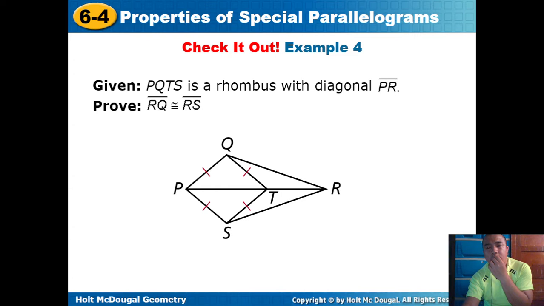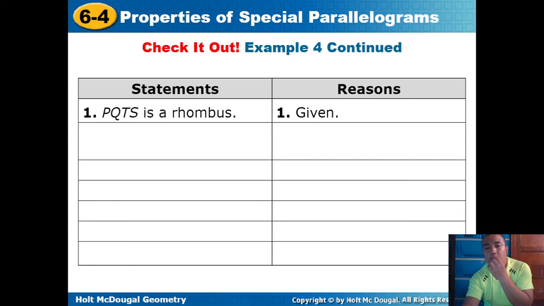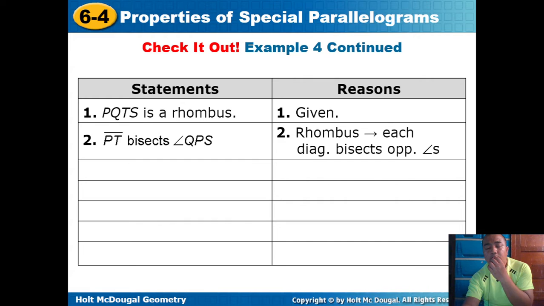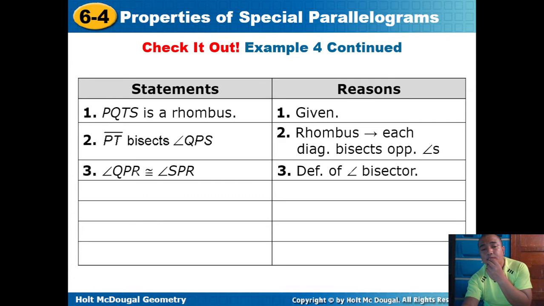PQST is a rhombus with diagonal PR. Prove that RQ is congruent to RS. So, for number 1 statement, PQST is a rhombus, given. PR bisects angle QPS. In a rhombus, each diagonal bisects opposite angles.